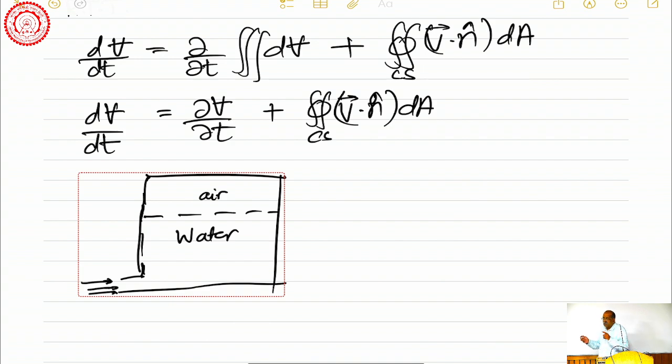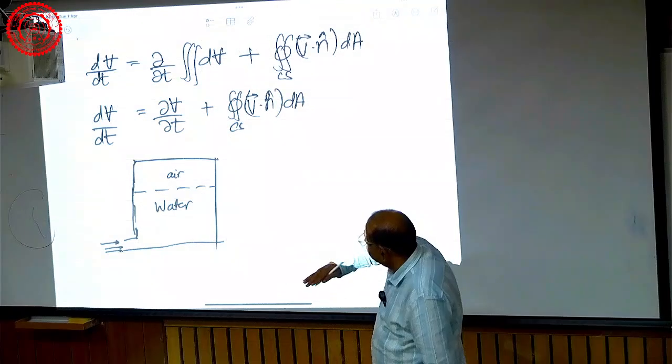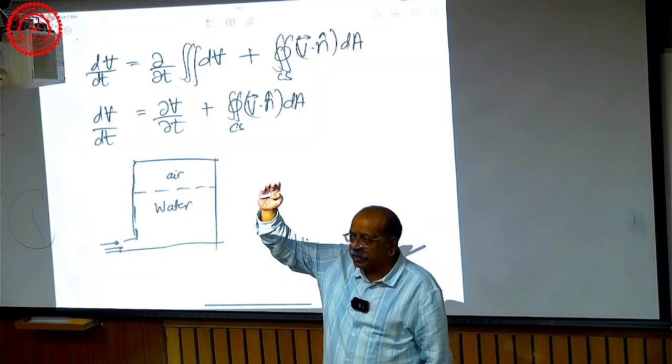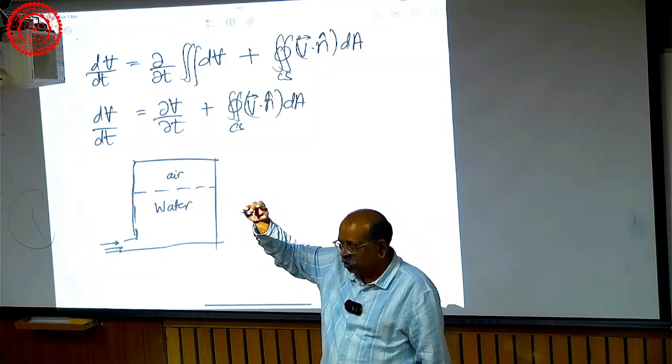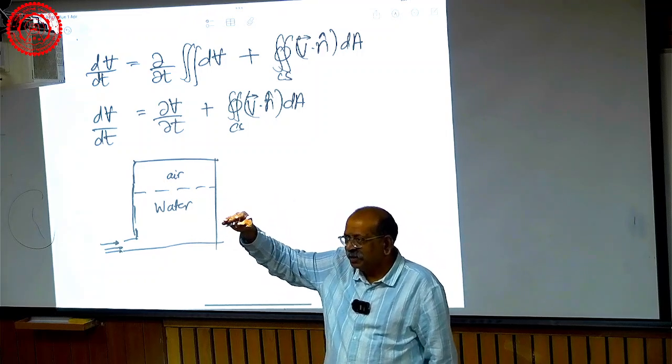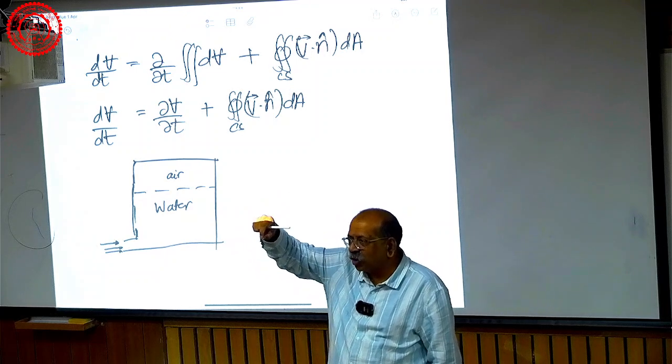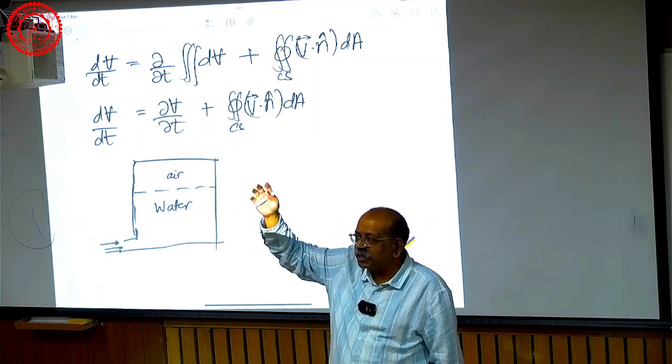Again, there could be two cases in the same thing. One, we could talk of that the air is getting pressed. There is no leakage at the top. And the other case could be there is a small vent at the top from where the air could leak out.